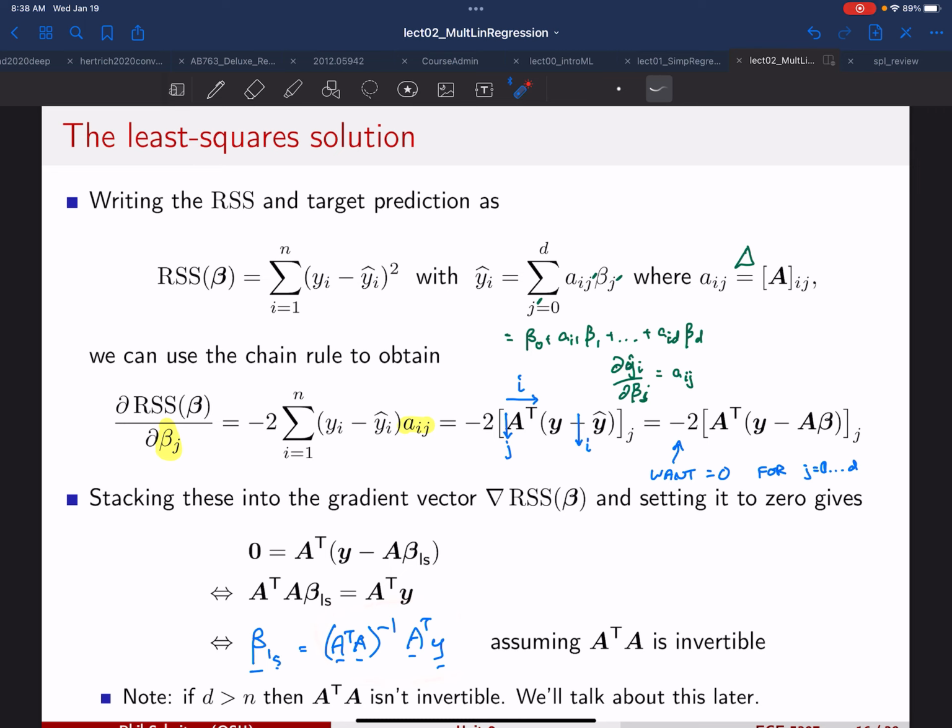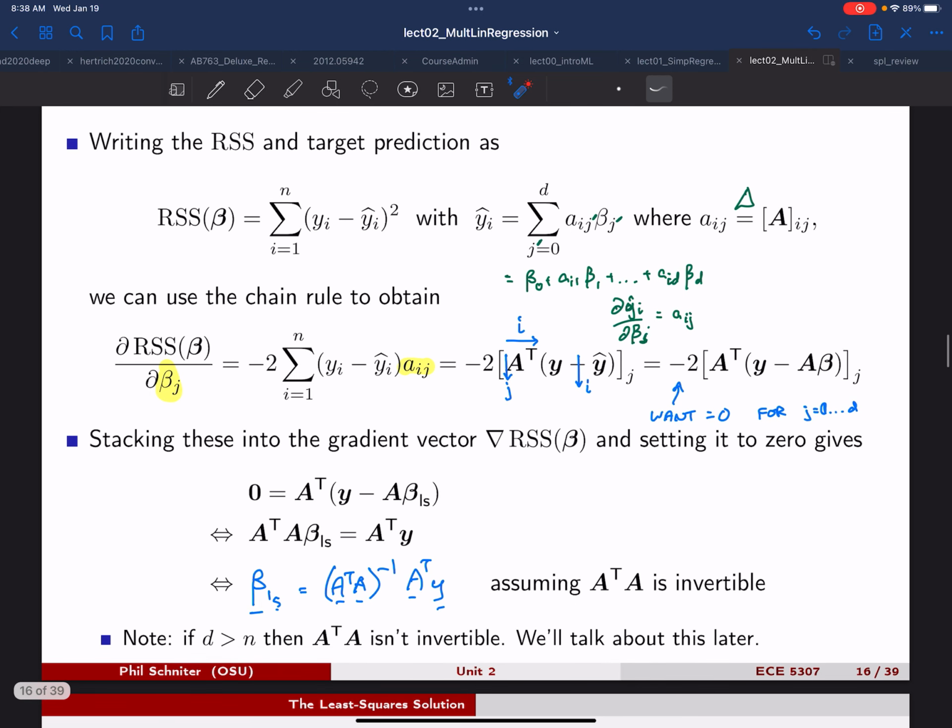Now, in doing this, I have assumed that this matrix is invertible. Not all matrices are invertible, and we have to be a little bit careful. If we have more features than data examples, then our matrix A is wide, and A transpose A will be what we call singular.